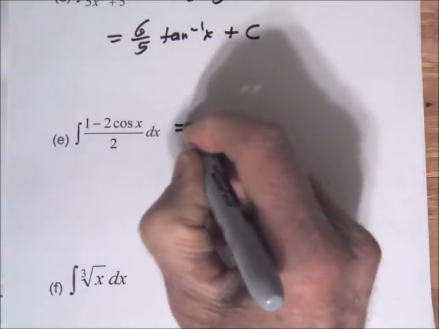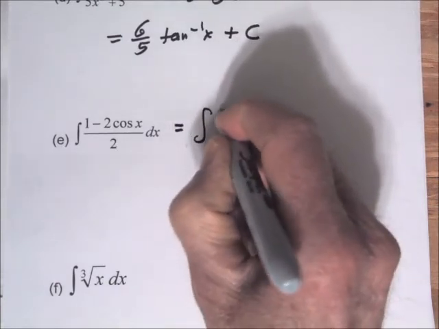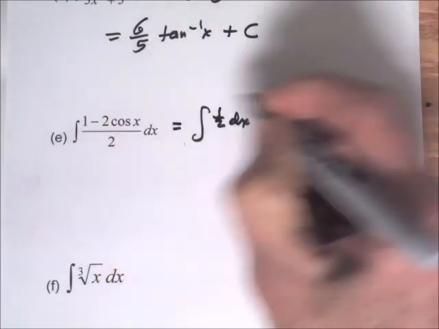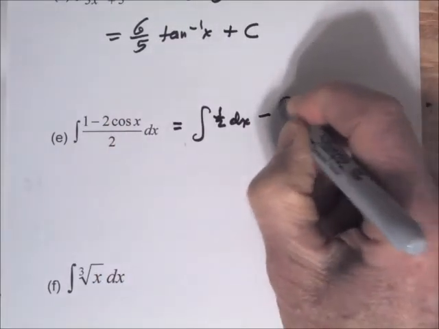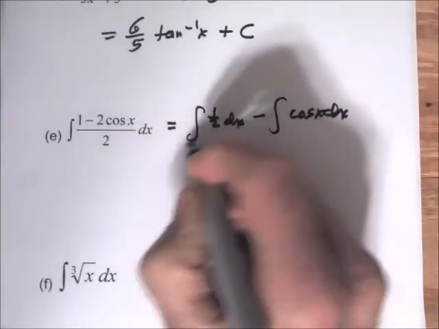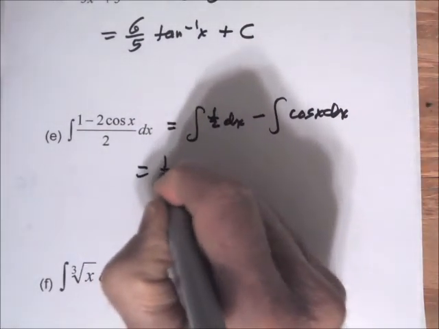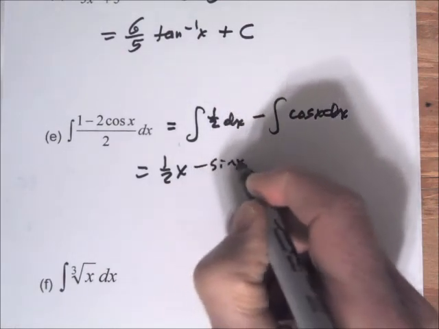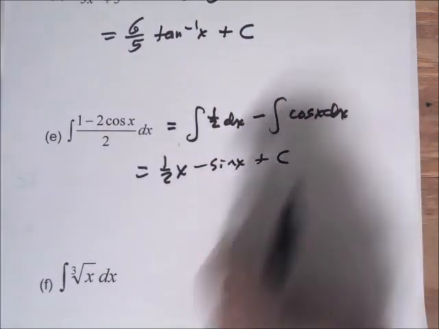This will be the antiderivative of 1/2 dx, where the 2's cancel, minus the antiderivative of cosine x dx, and this is just going to be 1/2 x minus sine x plus a constant.